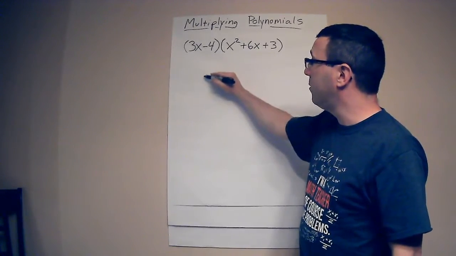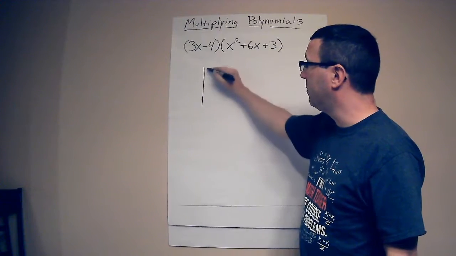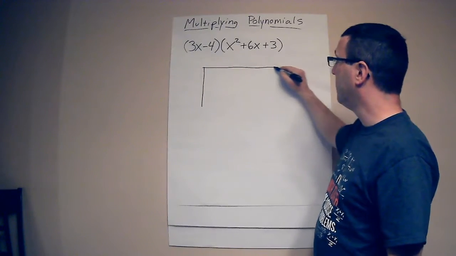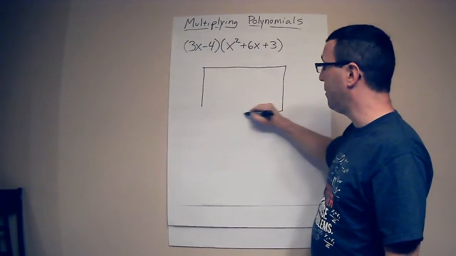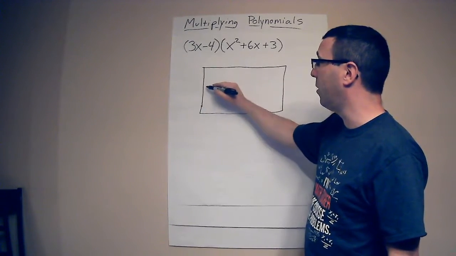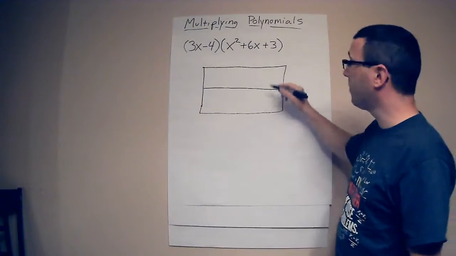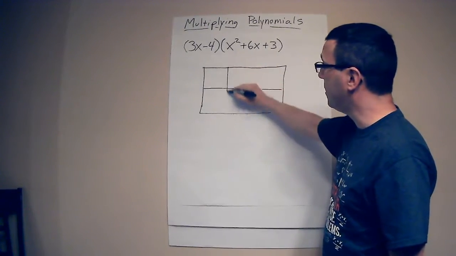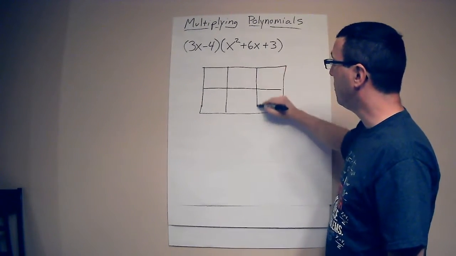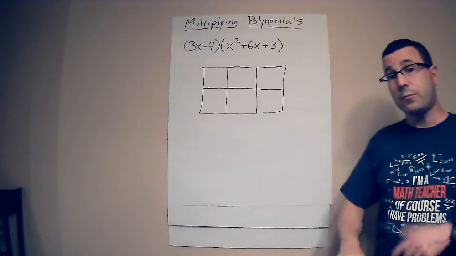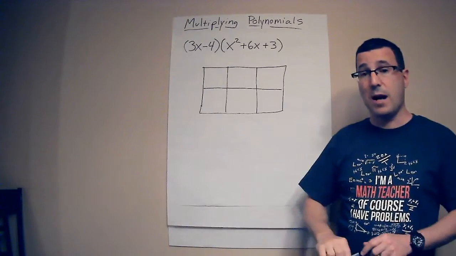I'm going to have my binomial on the side, and I'm going to have the trinomial across the top. So I'm going to divide it in half, and then separate this. So this time, I'm going to have 6 separate boxes.